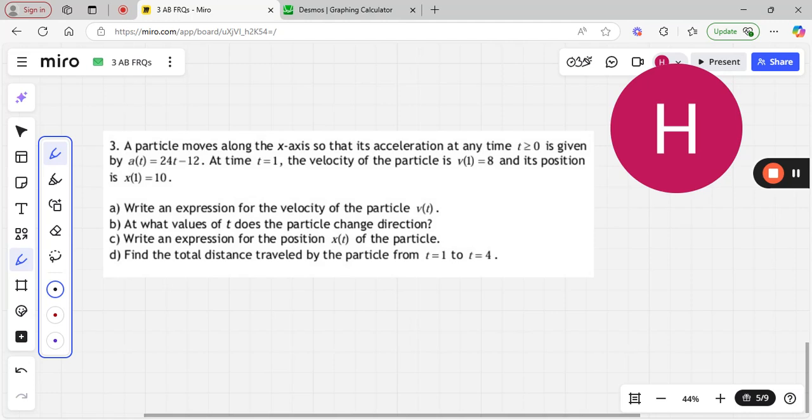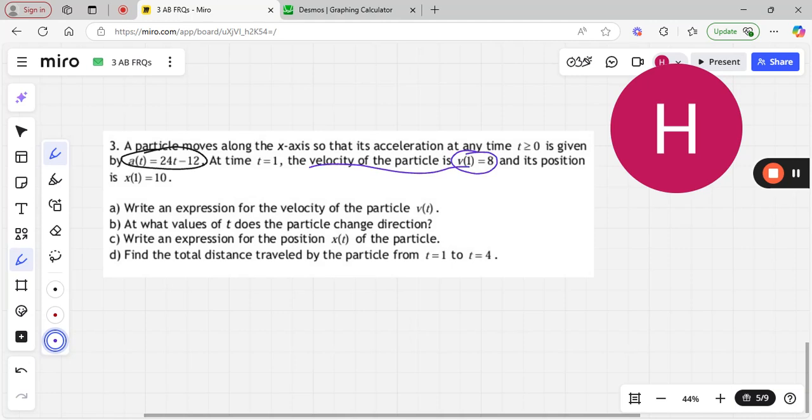Okay, let's get started. We have a particle that's moving along the x-axis so that its acceleration is given by this equation. Acceleration is the derivative of velocity. At time t equals 1, the velocity is v(1) equals 8, so that's giving you an initial condition.